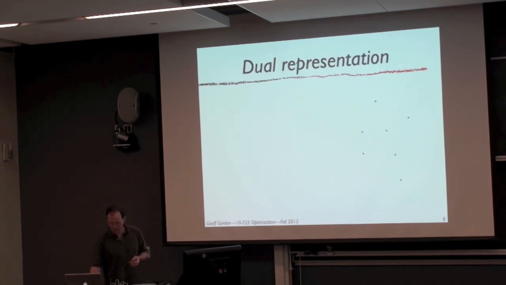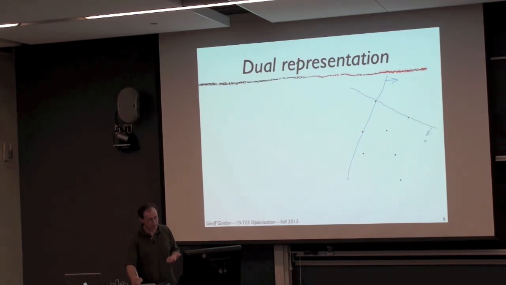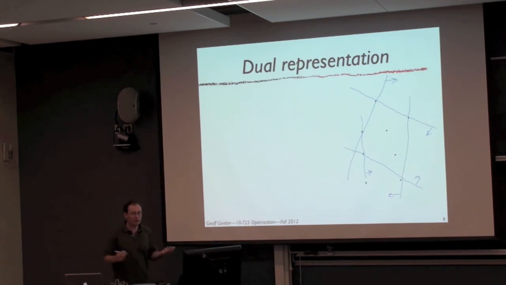All right. So not any convex set, but I can take convex sets and I can draw a hyperplane like this, and take everything on that side. I can draw another hyperplane like that, take everything on that side. Another hyperplane like that, take everything on that side. And I think I have one and two more. And so this convex set is the intersection of a whole bunch of half spaces.